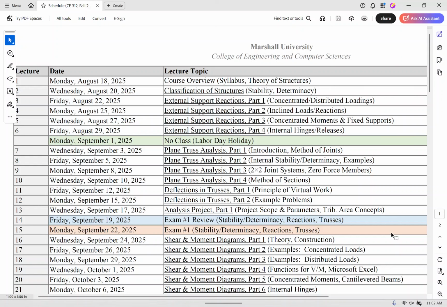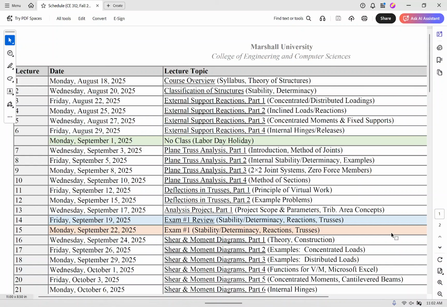One thing I do want to say: on Monday, make sure and bring your calculator, specifically your Casio or any scientific or graphing calculator, because we're going to do a particular type of joint analysis that is a little bit easier if you can solve a 2x2 system of equations.